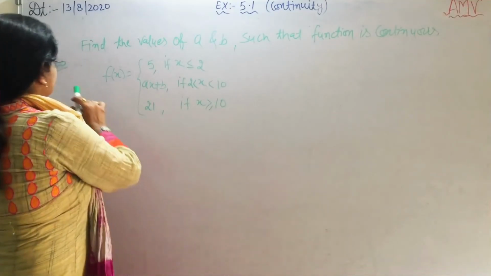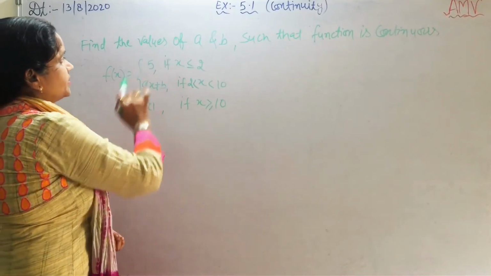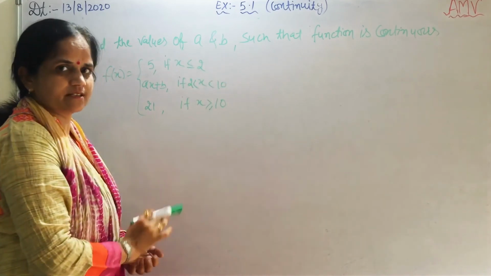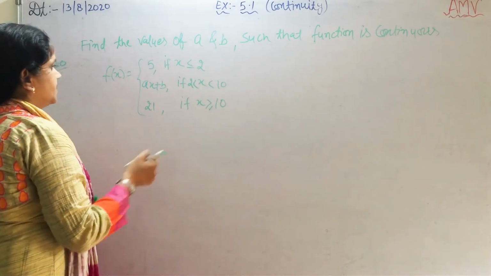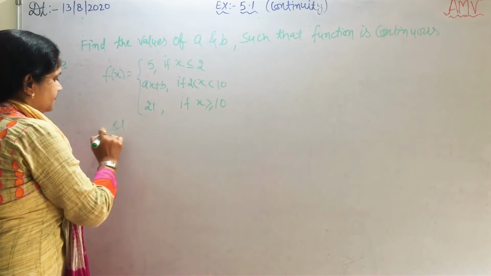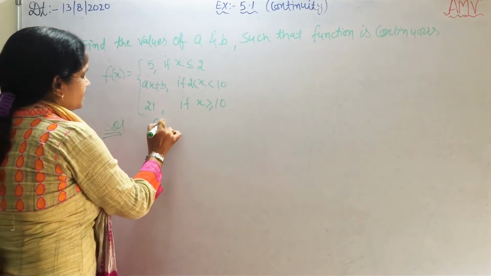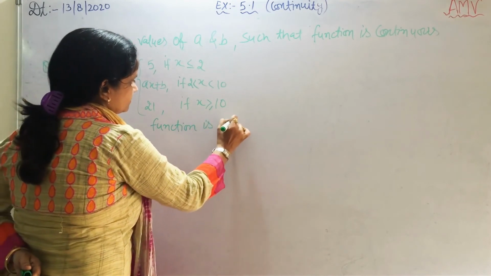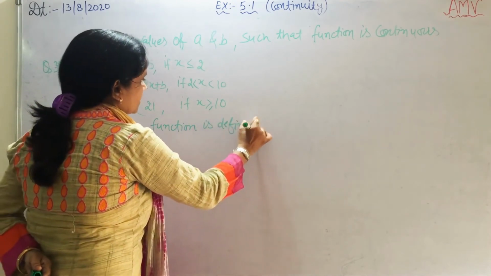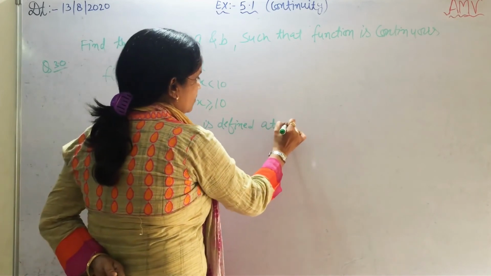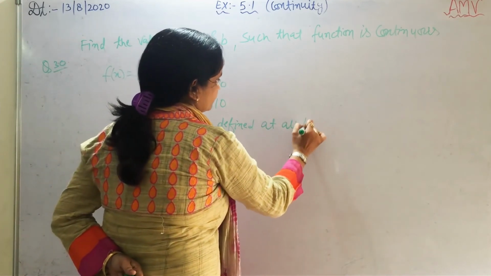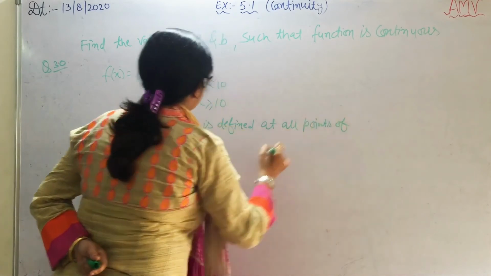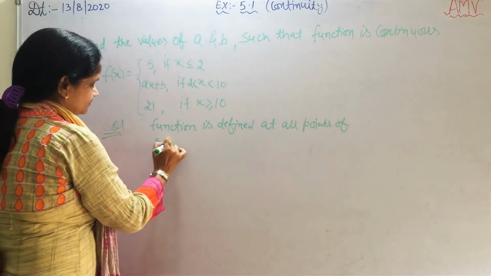Question number 30. Find the values of a and b such that the function is continuous. Here, first, the function is defined at all points of the real line.